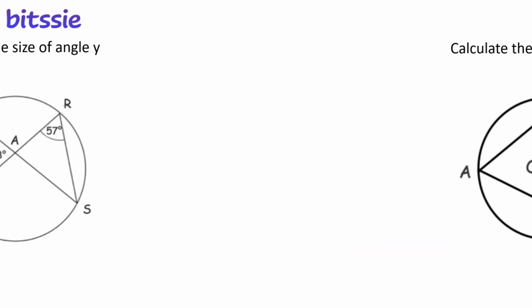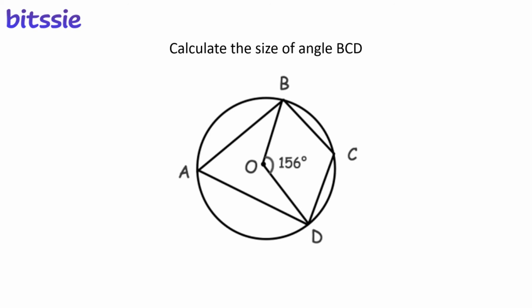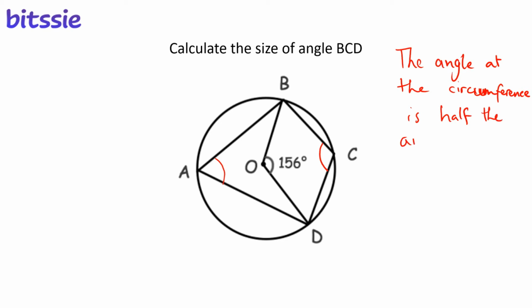Now let's move on to question 4. We've been asked to calculate the size of angle BCD. So let's draw that on. And how do we do this? Well, first, we need to find out this angle, BAD. If you remember, the angle at the circumference is half the angle at the center.